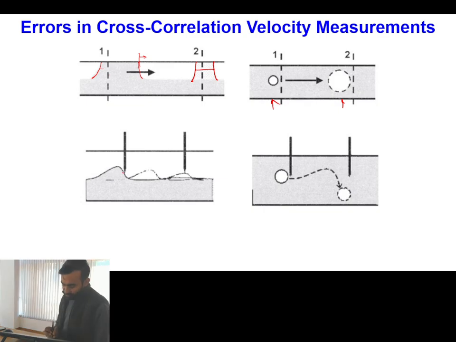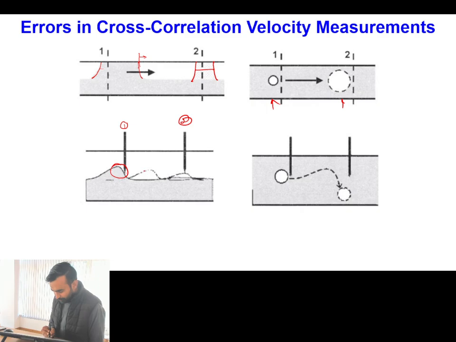Then another situation is you have placed some optical probe at location 1 and location 2. So at location 1, this was the crest of the interfacial wave and you are trying to measure the velocity of this crest. But whenever this has moved from location 1 to location 2, this crest has become so small that it is now not making contact with the probe.